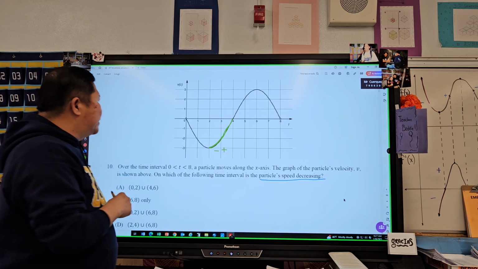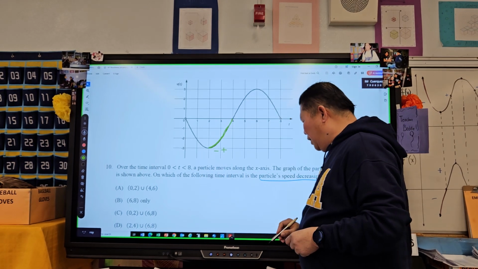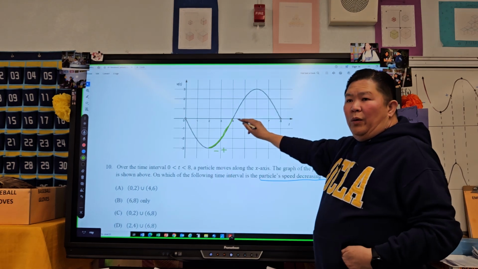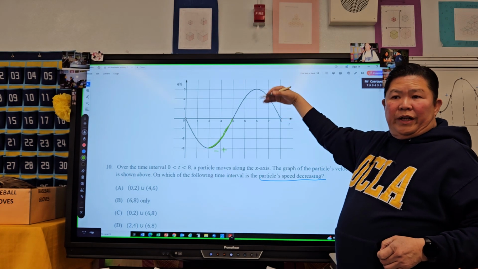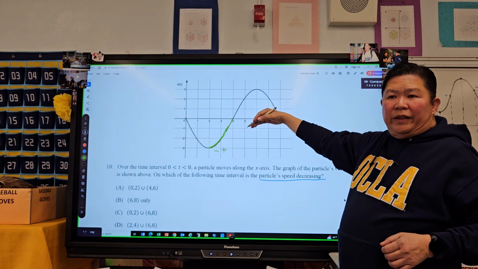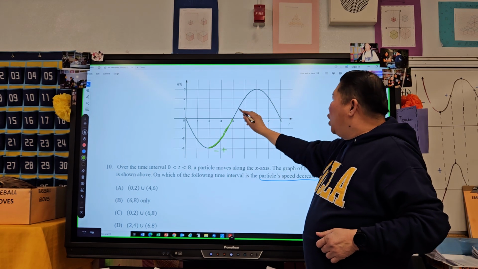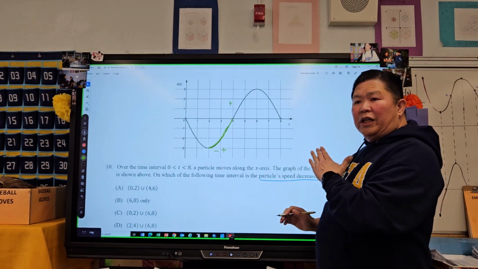Okay. Next, let's do the interval from 4 to 6. What about the velocity? Is it located up or down? Up. It's above the x-axis, so it's positive. How about the acceleration?